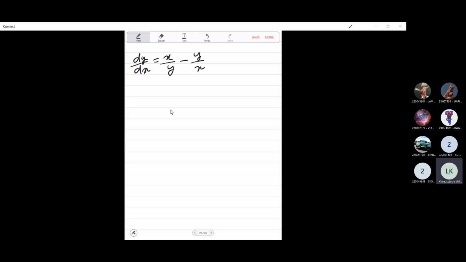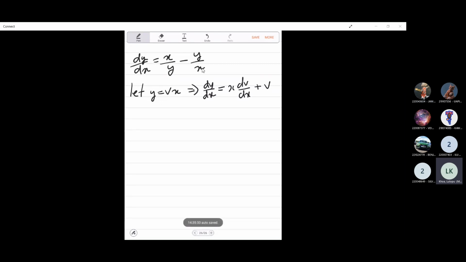Okay, and then I will make the substitution. So we let y is equal to vx, or v is equal to y over x. And from here, we know that dy dx is x dv dx plus v. So this we're going to substitute over here, and then this is just 1 over v, and this is v.